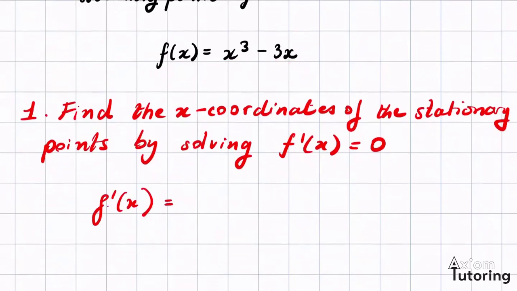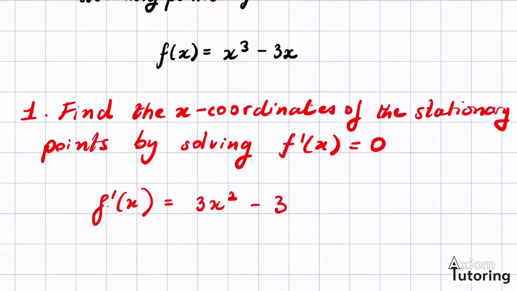If we differentiate x cubed, we get 3x squared. If we differentiate minus 3x, we get minus 3. Make sure you're comfortable differentiating each term, and if you need a reminder, you can have a look at the previous videos on differentiating functions of x.